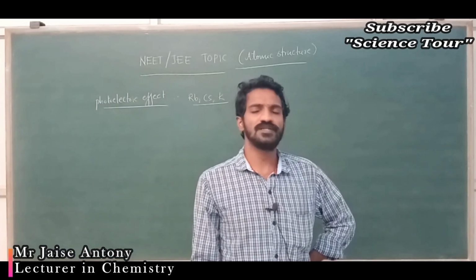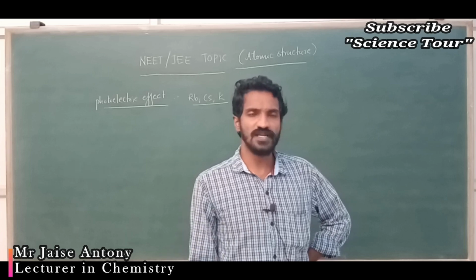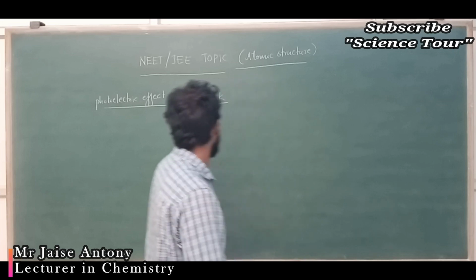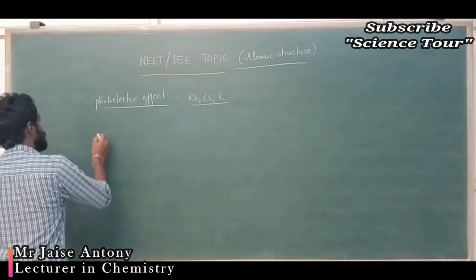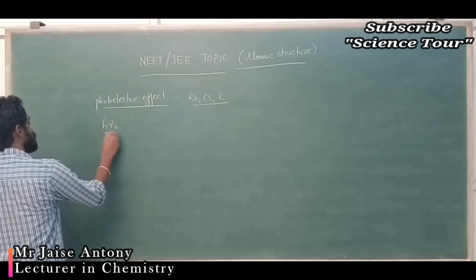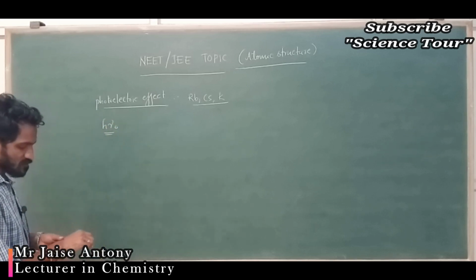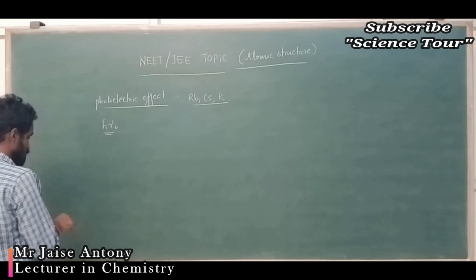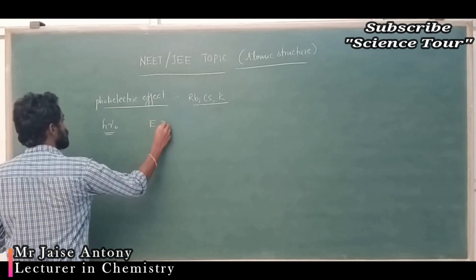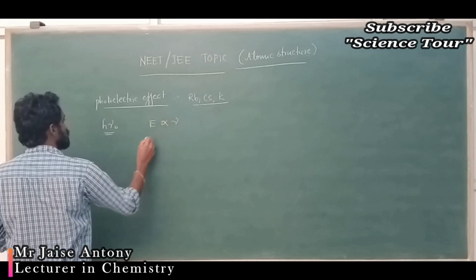Correct. At the same time, my dear students, we are also going to study this. In the photoelectric effect, you know that light of suitable frequency is mentioned as h nu naught, correct? Understood? Normal frequency and energy. Energy is directly proportional to frequency.